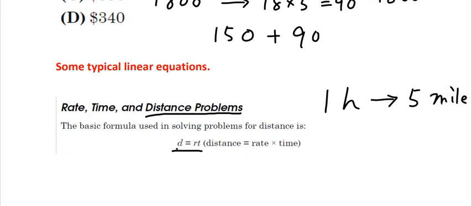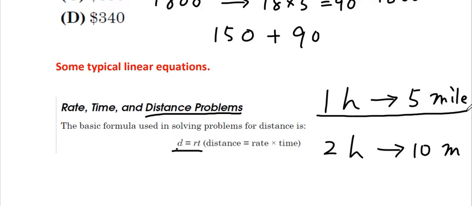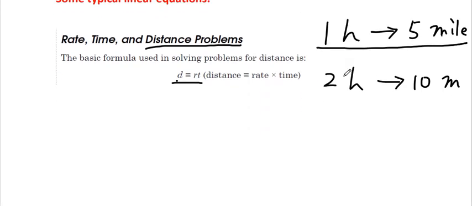And then in 2 hours, how much? In 2 hours you can walk 10 miles, right? So the distance equals speed times time. In 1 hour, 5 miles, so we call this the speed. Okay.